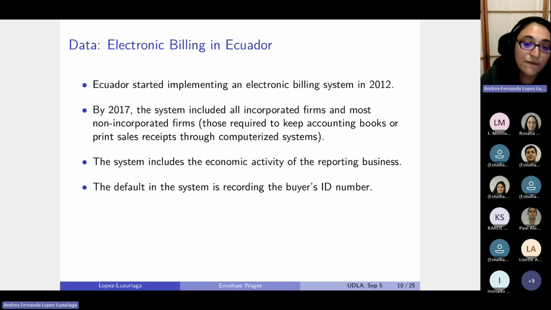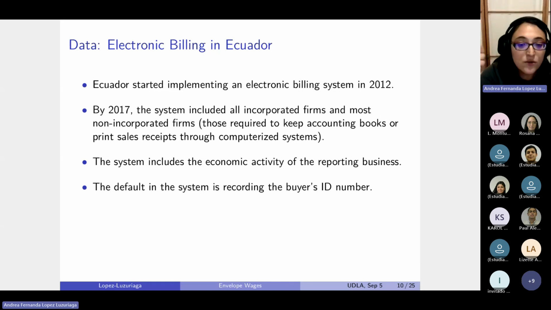And at least in the version of the data that I had access to, I had for every firm in the electronic billing system how much per month every tax ID has bought from it. And I know from the information from the firm the economic activity of this person.